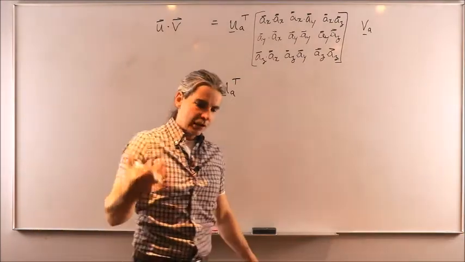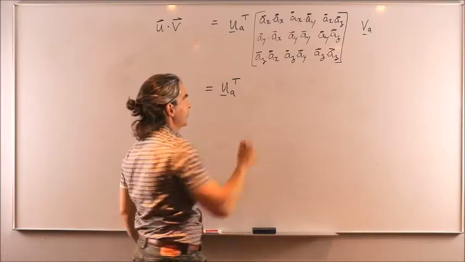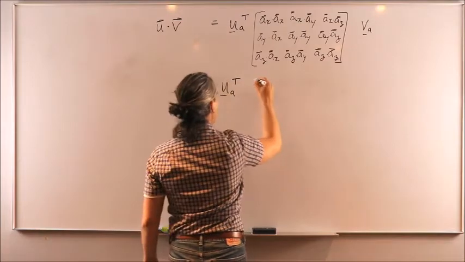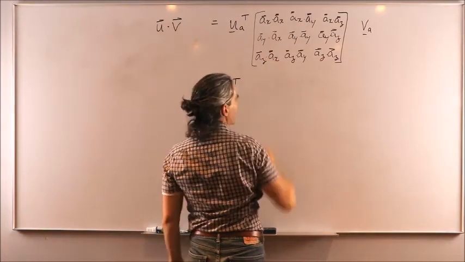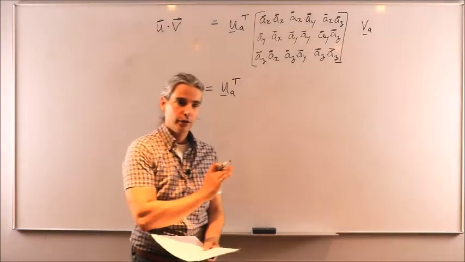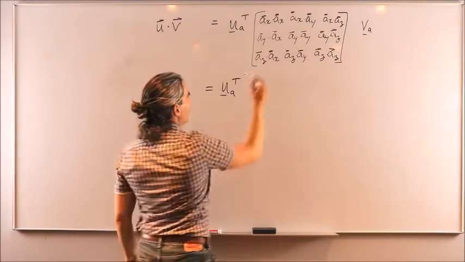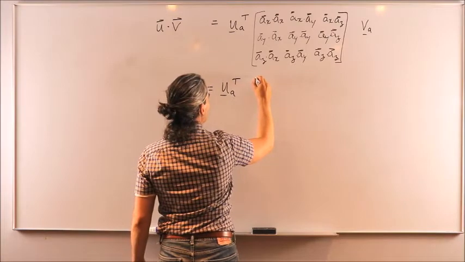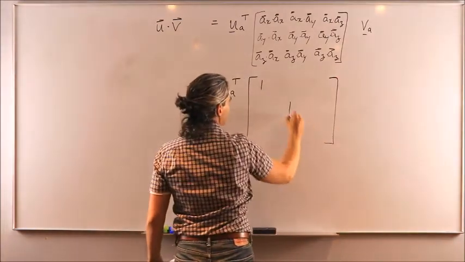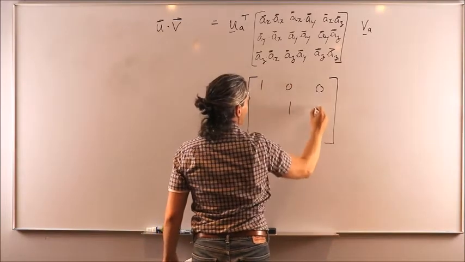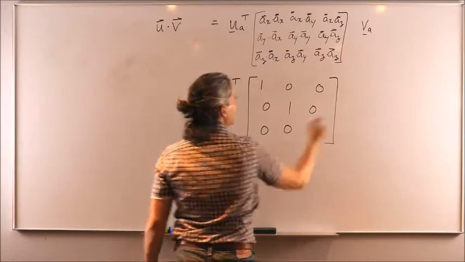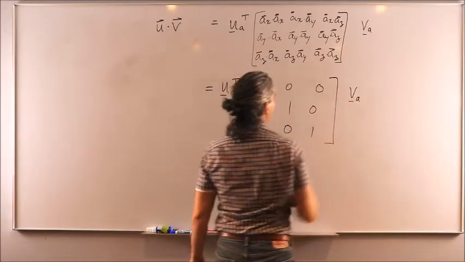Well, from the previous lecture, hopefully you remember that whenever you have the dot product of a vector with itself, you'll always get 1. And whenever you take the dot product of a vector with another vector which is perpendicular to it, you're going to get 0. Okay? So this 3x3 matrix is actually three ones on the diagonal and a bunch of zeros on the off-diagonal elements, times VA.